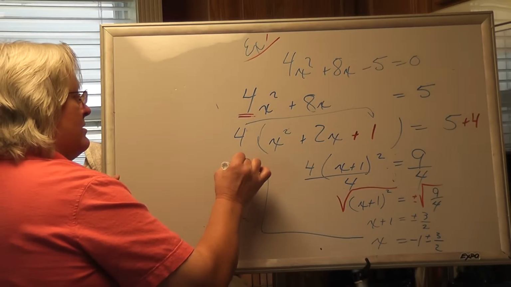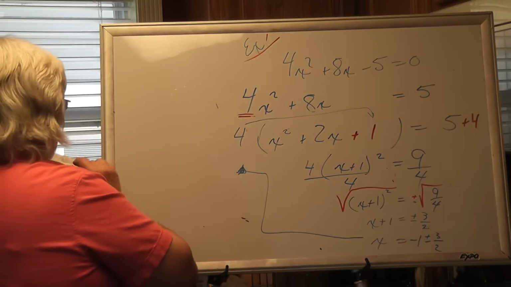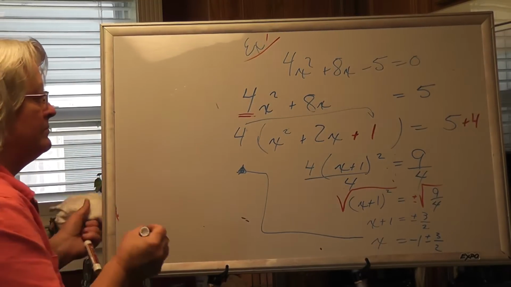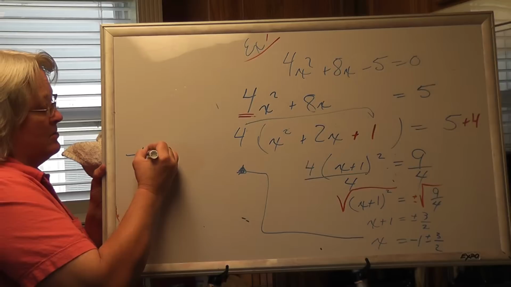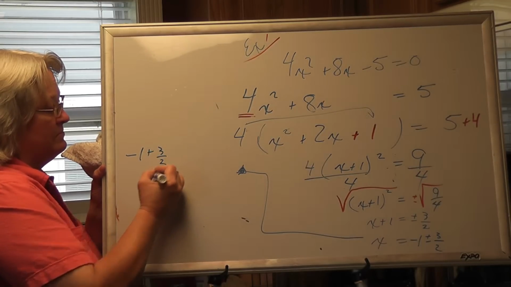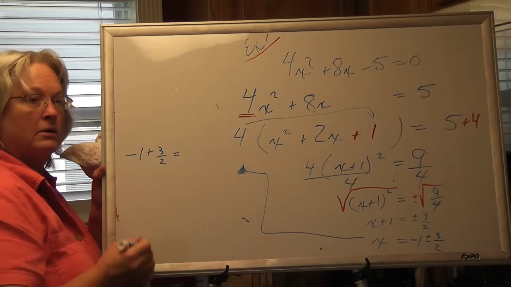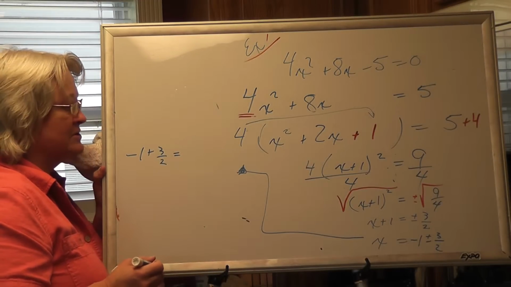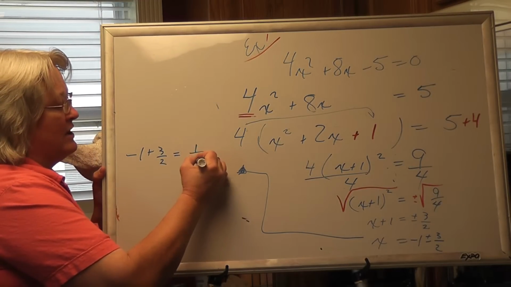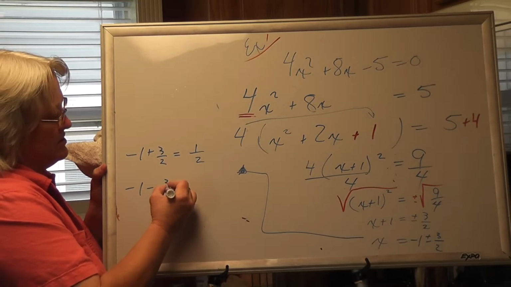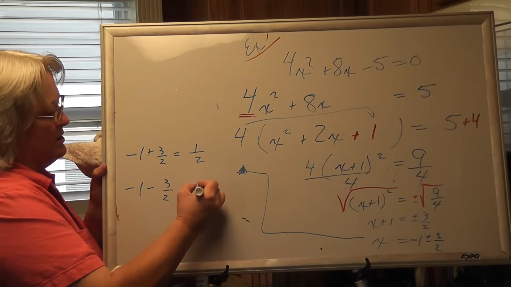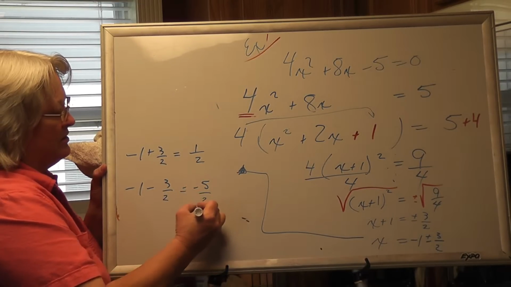Let's come over here to finish our problem. -1 plus 3/2. That's -2/2 plus 3/2. That gives me a positive 1/2. Or I have -1 minus 3/2, which will give me a -5/2.